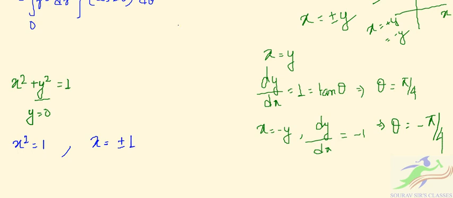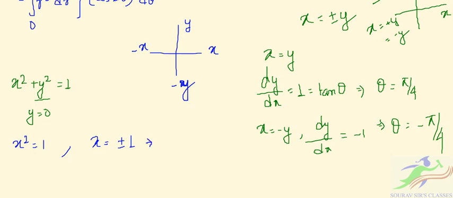So if we consider these axes, suppose x and y, and this is also minus x and this is minus y. Here you can see that 2 points will be there.